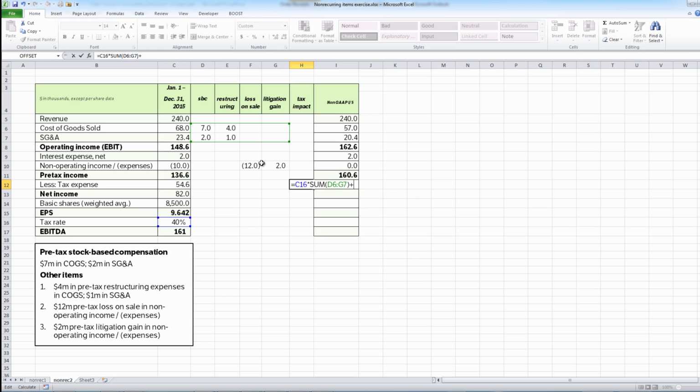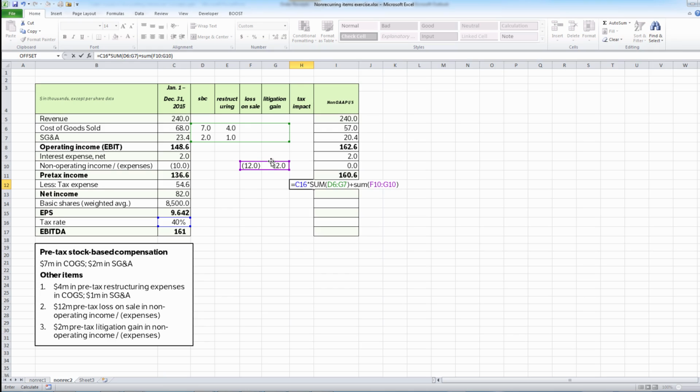So if I don't have $12 million in a loss, net of a $2 million gain, so let's just sum those two, we're looking at basically a net expense of $10 million. If I don't have a net expense of $10 million, I'm not shielded from taxes. This is a negative number.